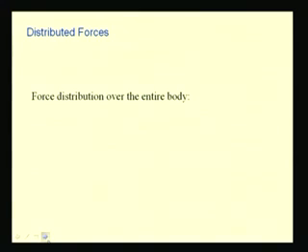So, the weight of a body is in fact a distributed force. Here the distribution of the force is throughout the volume of the body. Every part of the body experiences gravity, and thus the weight of the body is a distributed force over the volume.